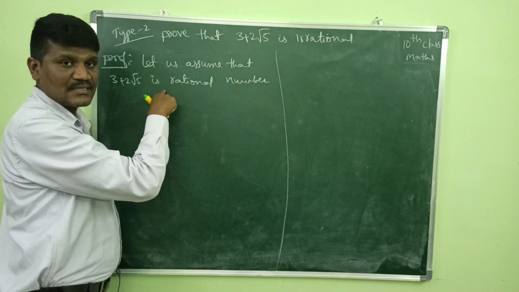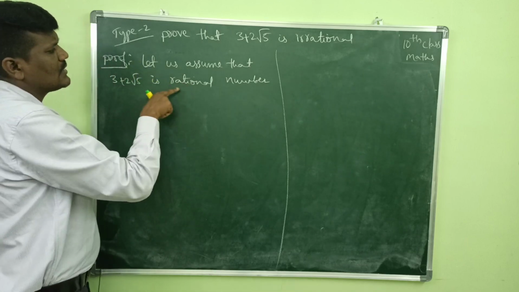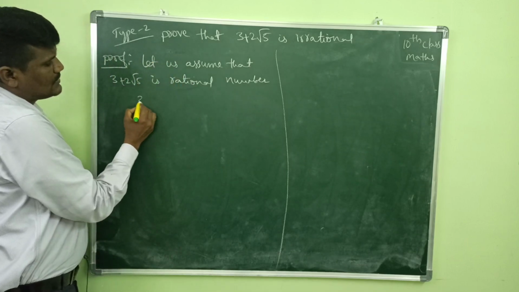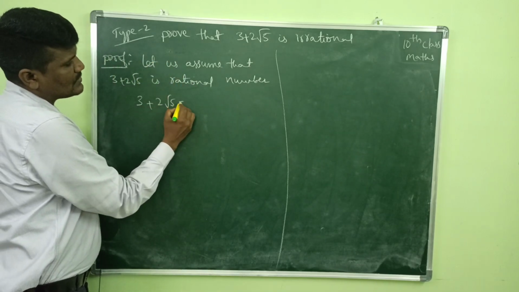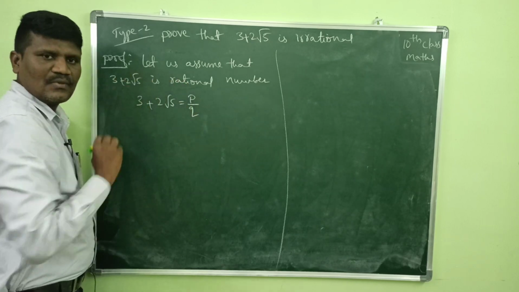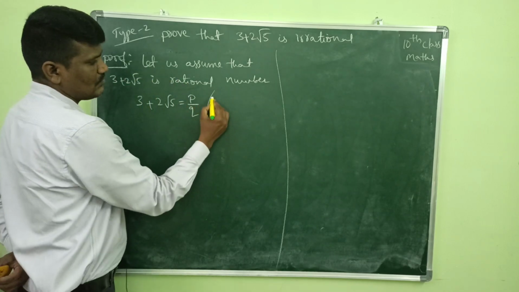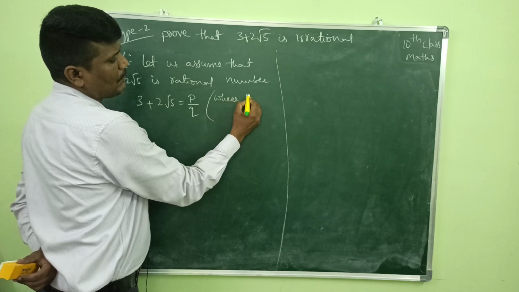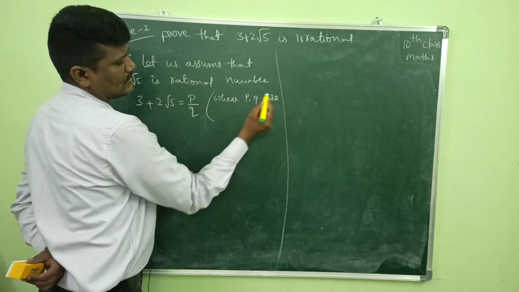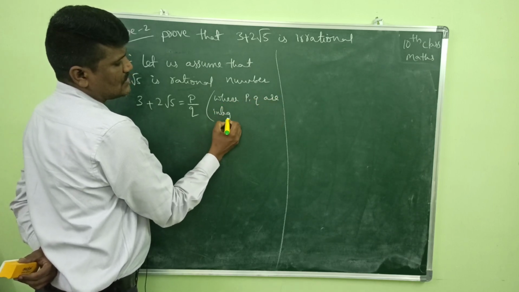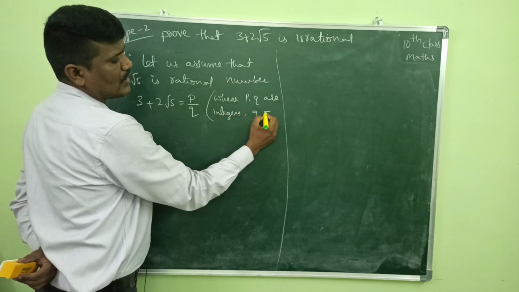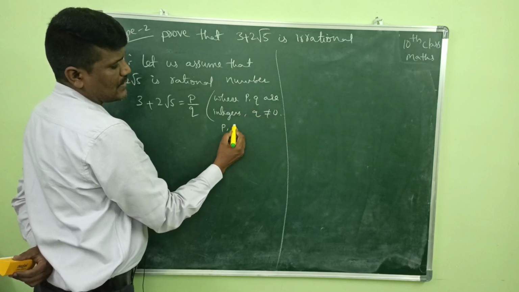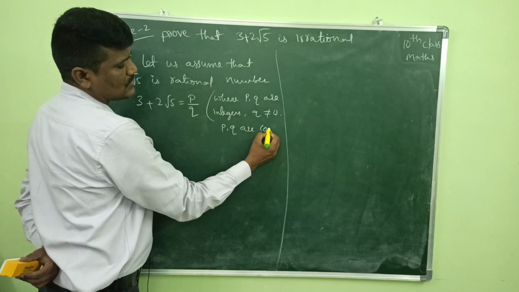So rational numbers means, the next step, whenever you see the rational number, you should write 3 plus 2 root 5 is equal to p by q, where p comma q are integers, q not 0, p comma q are co-primes.